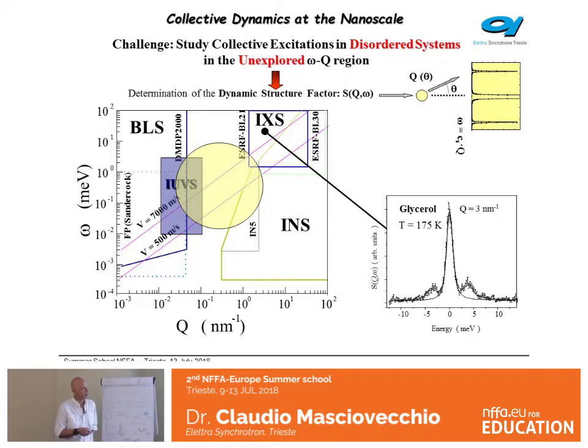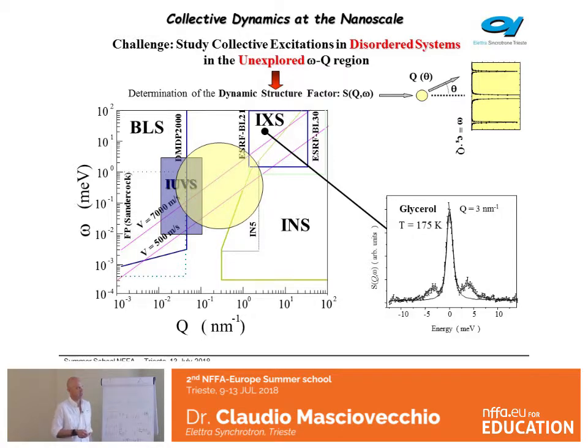Usually you do this by measuring the dynamic structure factor, and you measure the dynamic structure factor, again, usually measuring scattering from your sample. So you go with your photons on the sample, you measure at a given angle what's the energy of the scattered photons, and if you are exciting phonons, then you will get two lines here, because the dynamic structure factor is nothing else than the Fourier transform of the density fluctuation in your system.